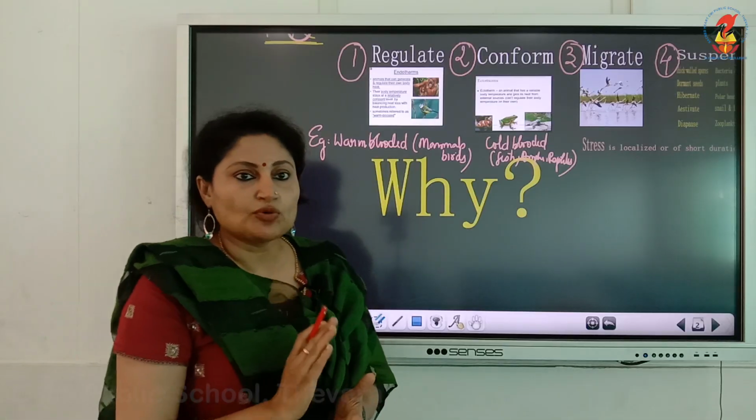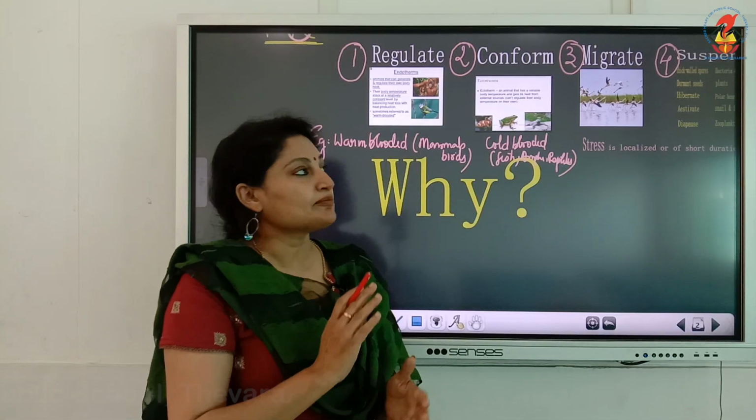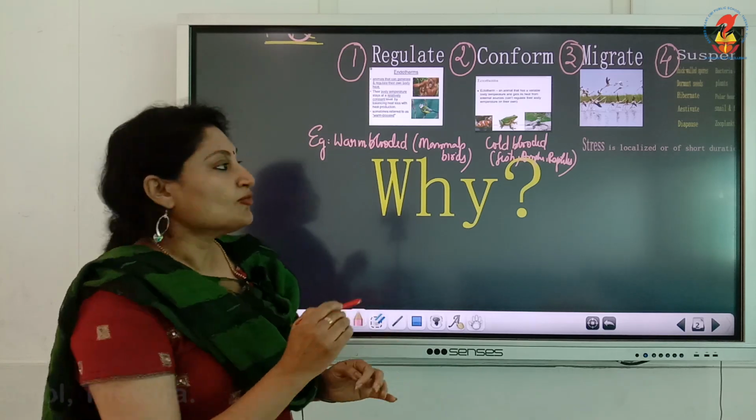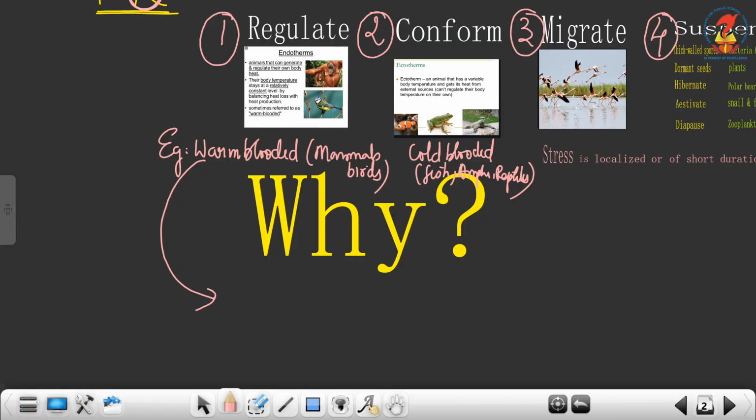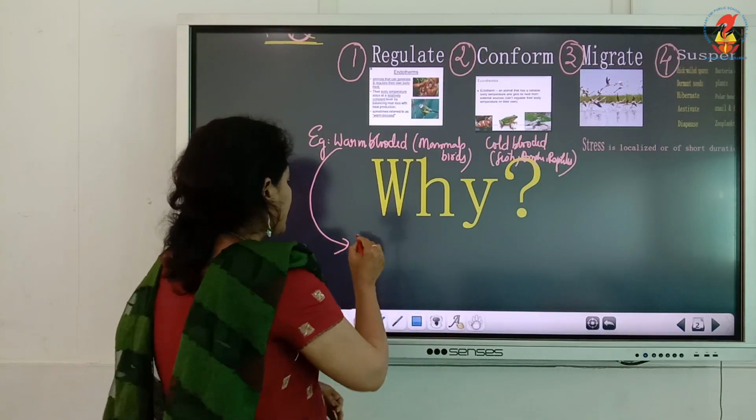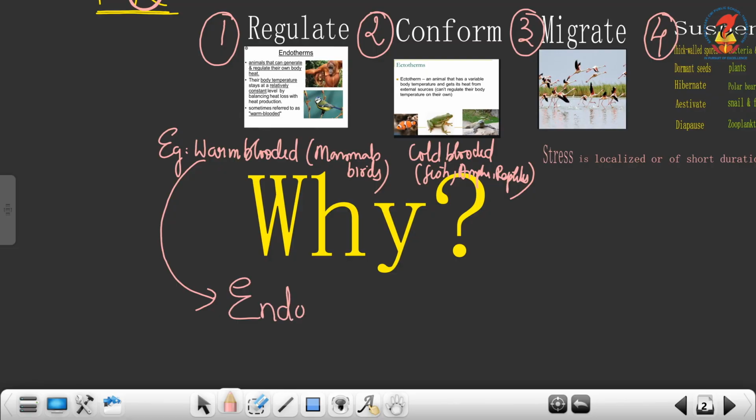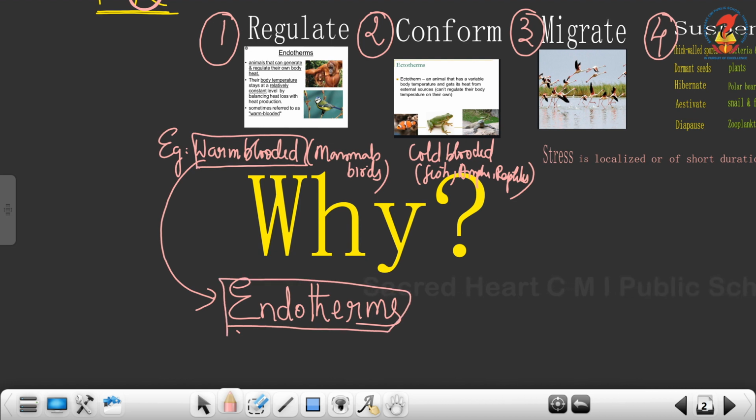As I've already told, warm-blooded animals are a good example for regulators. Warm-blooded animals can also be called by another term in terms of homeostasis, endotherms. So a new term in context to homeostasis: warm-blooded animals can be called endotherms. On the same lines, cold-blooded animals can be called ectotherms.